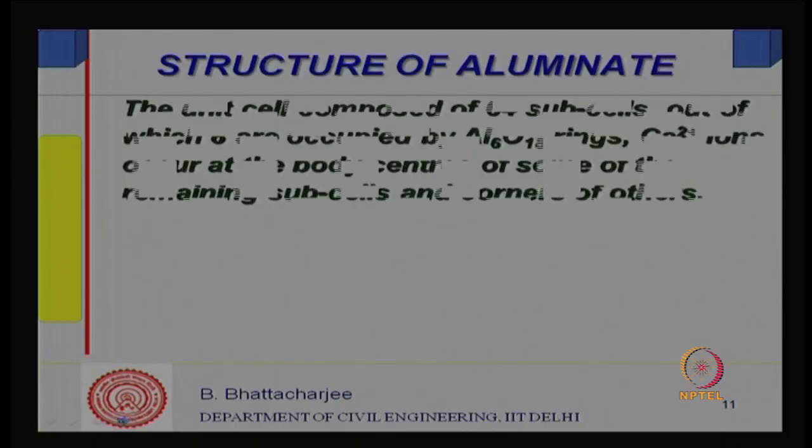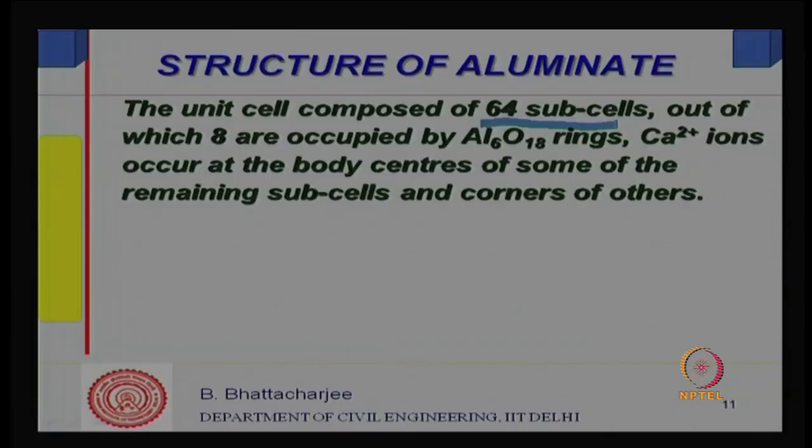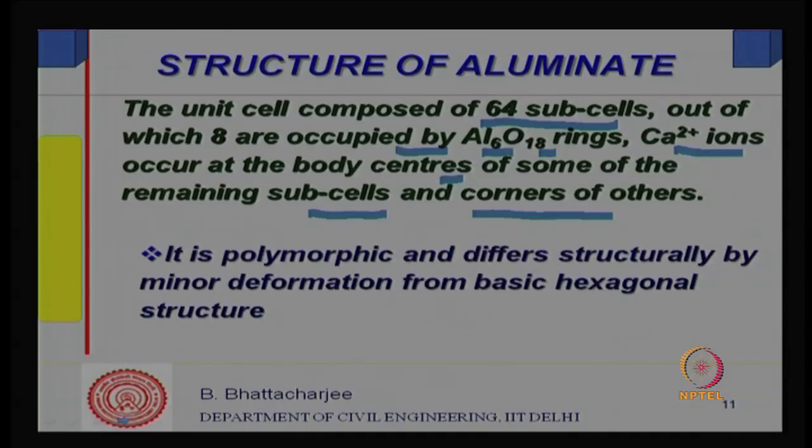In the case of aluminate, the unit cell actually is composed of 64 subcells, out of which 8 are occupied by Al6O18 rings, and calcium ions occur at the body center of some of the remaining subcells and at the corners of the others. So, the aluminate structure is something like this.